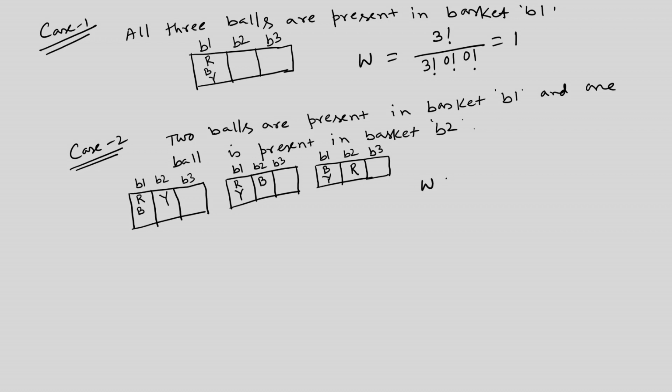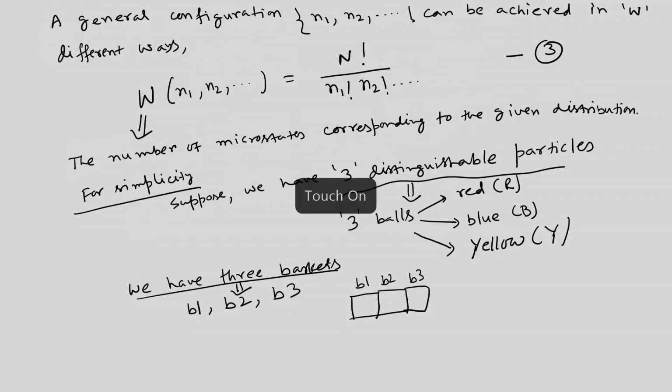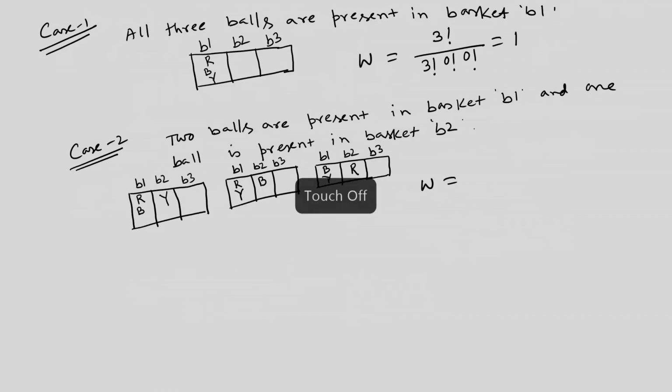So, W here, according to the formula used in equation 3, is factorial 3 by 2 factorial, 1 factorial and 0 factorial. So, we get 3. So, three different ways we can put three balls in two different baskets where two balls are present in basket B1 and one ball is present in basket B2. Now, we will consider another case.